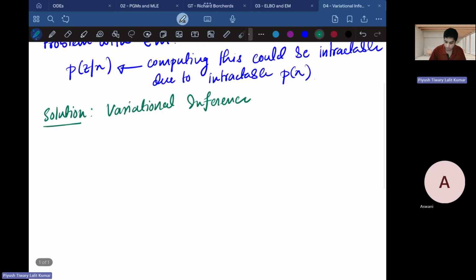And what does variational inference do? This is also called VI.